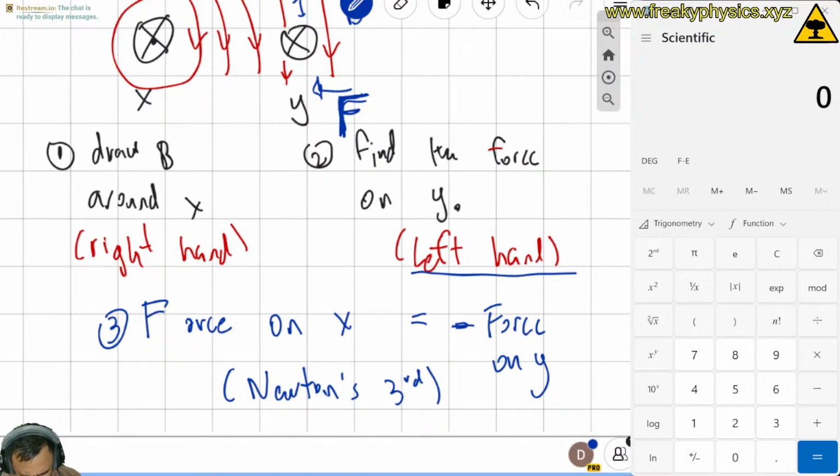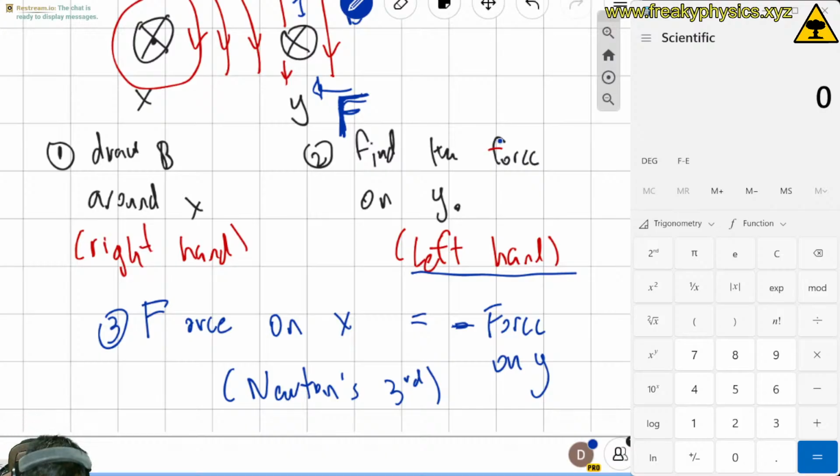If you reverse one thing, whether it's the magnetic field or the force or the current, and you reverse one of those things but not the other, then you reverse the third. So one flip changes the other thing. Double flipping changes nothing.